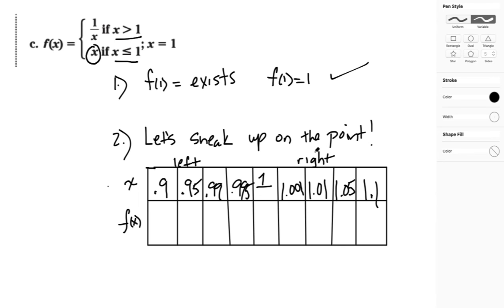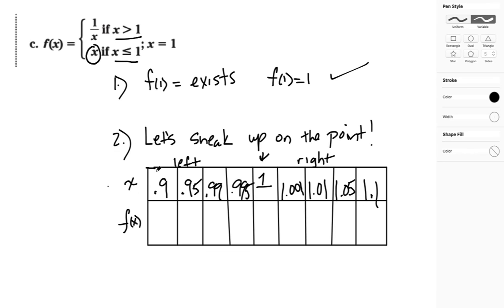Let's sneak up on the point. Since we're looking at 1, we want to see what values happen as we come from the left and to the right. This one we're going to have to use, I guess we could use Desmos again. It's pretty easy to do it as we are coming up from the left side, because as we're coming up from the left side, x is just equal to itself. You guys see that?